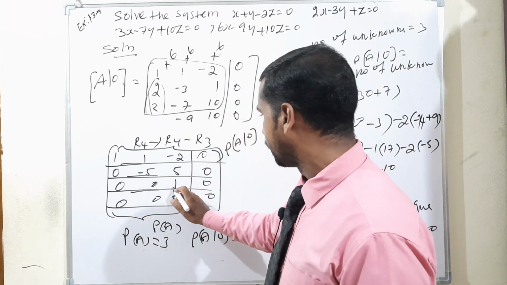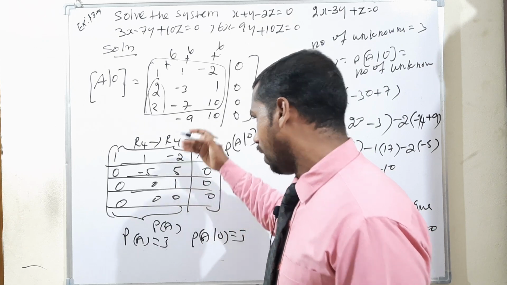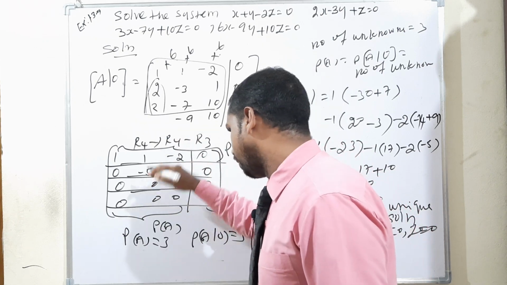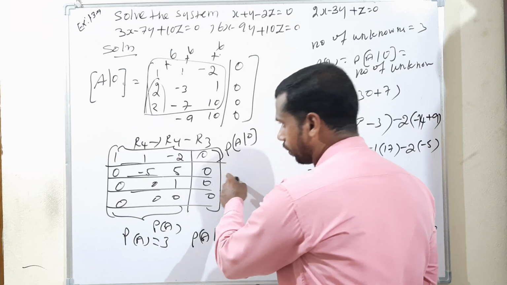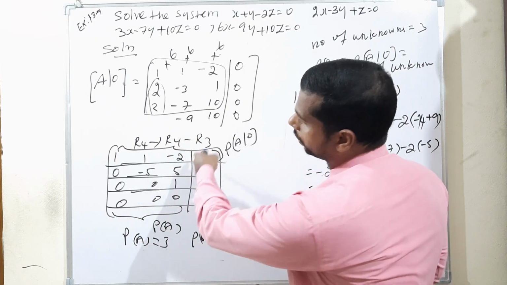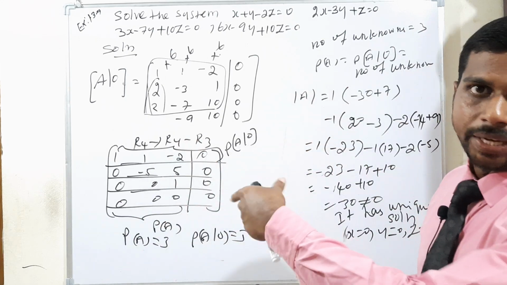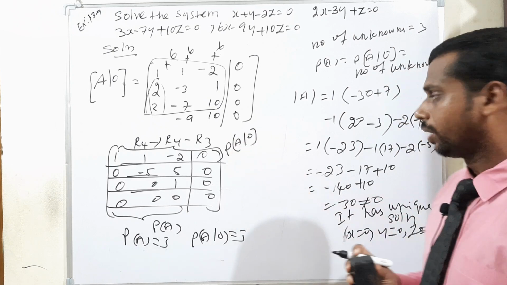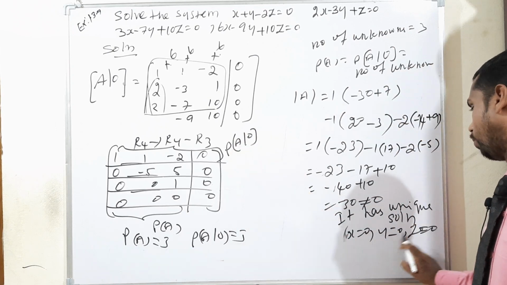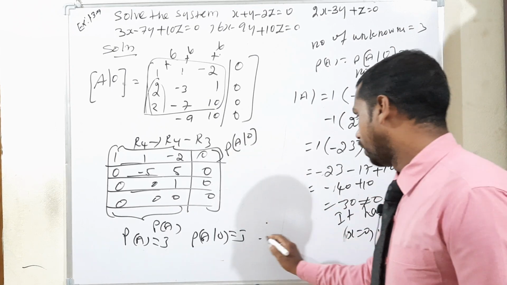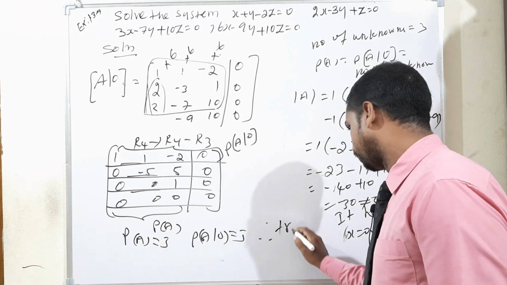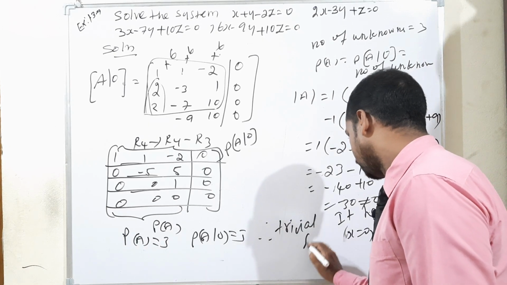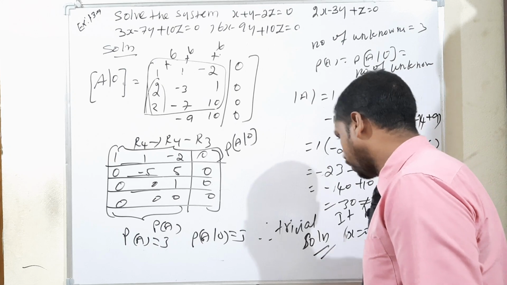So if Z is equal to 0, considering the method of back substitution, definitely the second row also is completely 0. So Y is also 0, and if you apply the first row again, with Y and Z 0, X also will be 0. That's why I have written X is equal to 0, Y is equal to 0, Z is equal to 0. Therefore it is a trivial solution. Okay.